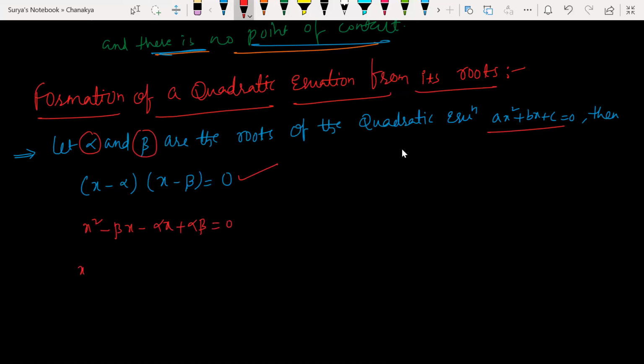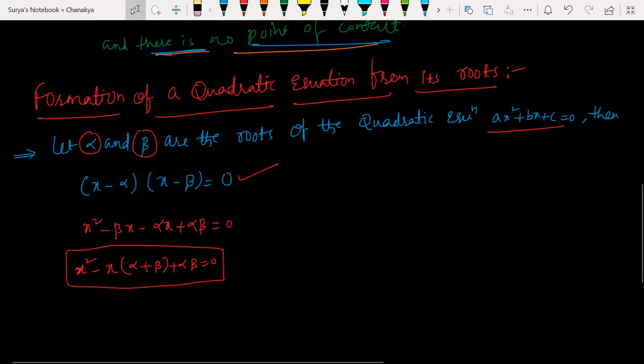If you take x common, you get x square minus (alpha plus beta) x plus alpha beta is equal to 0. Getting my point? Understood, children?